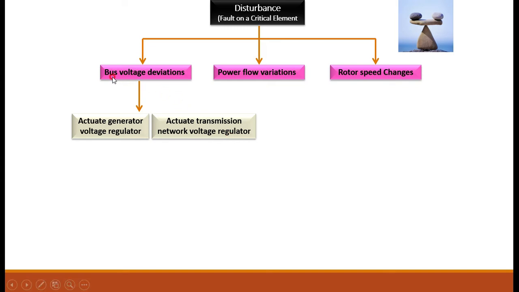If there is a change in the voltage or a bus voltage variation, then what you have to do is actuate the generator voltage regulator on the generator side, and the transmission network voltage regulator for appropriate corrective measures in that particular area. The voltage regulator is the heart of the excitation system.